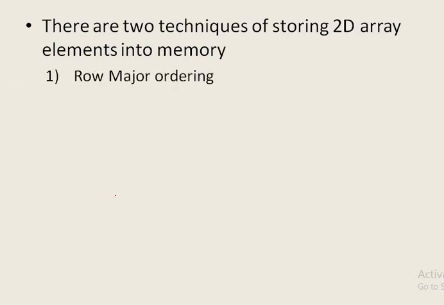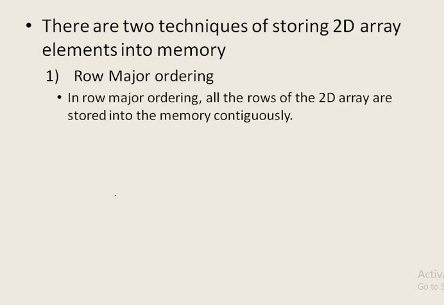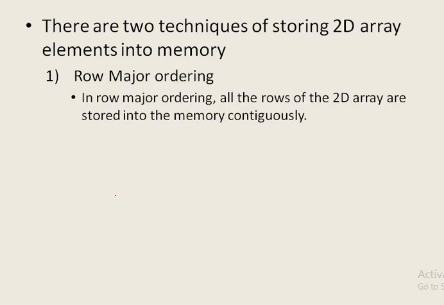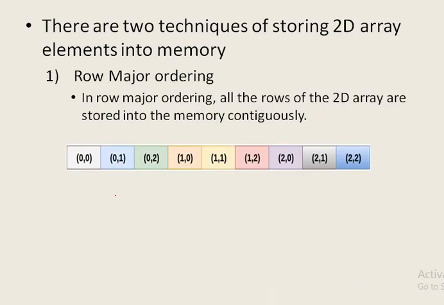The first method is row major ordering. The elements in the array will be stored row wise. You can see here that all the rows in the two-dimensional array are stored into memory in a contiguous manner. The first row elements are arranged consecutively in contiguous memory.